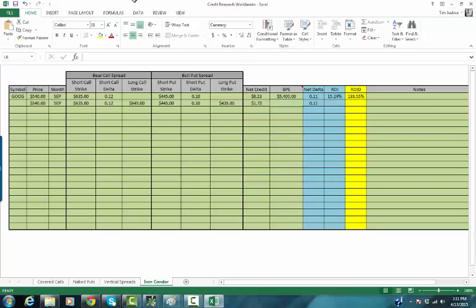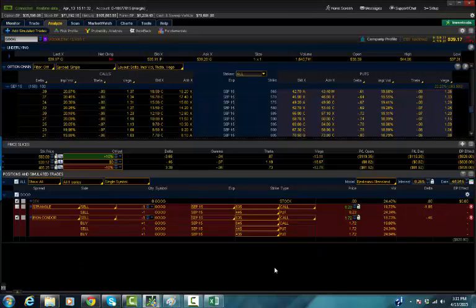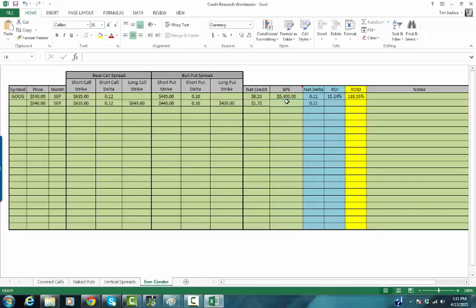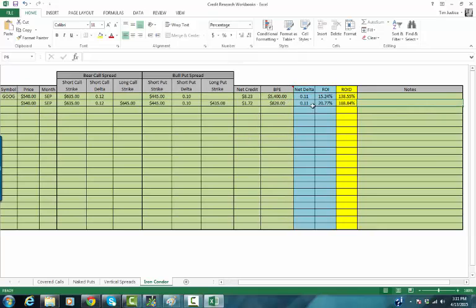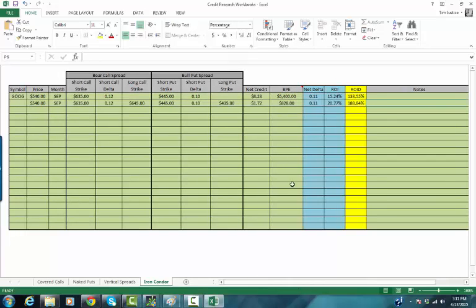Buying power on that 10-point window should be 828, and let's see if we can get the exact math. Okay, ROID is 188%. You see how actually using the spread, I improve my numbers?